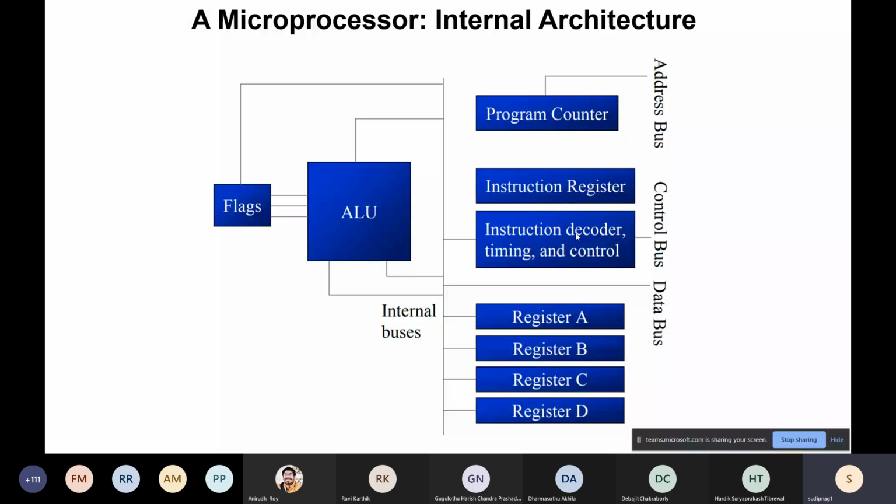Similarly, in the instruction decoder such large decoders are used, like 8 to 2 to the power 8. That means 256 possible outputs are there.